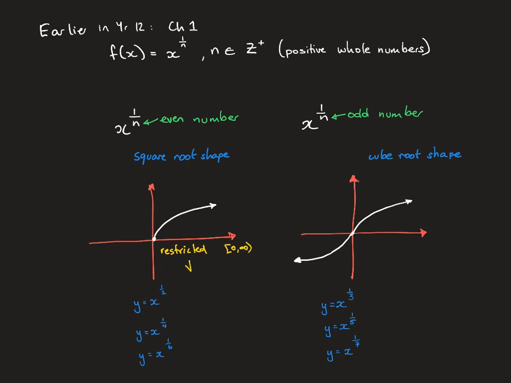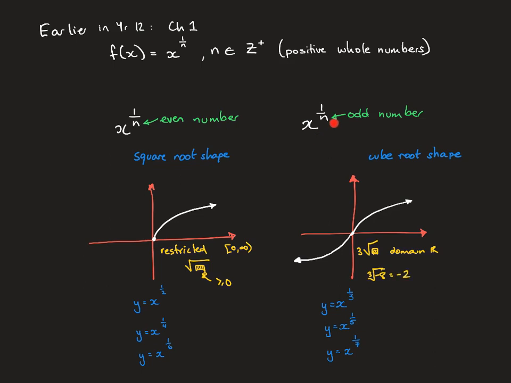You can only square root a number that has to be greater than or equal to 0. However, with a cube root, the domain is R, because you can take the cube root of minus 8 and get minus 2.